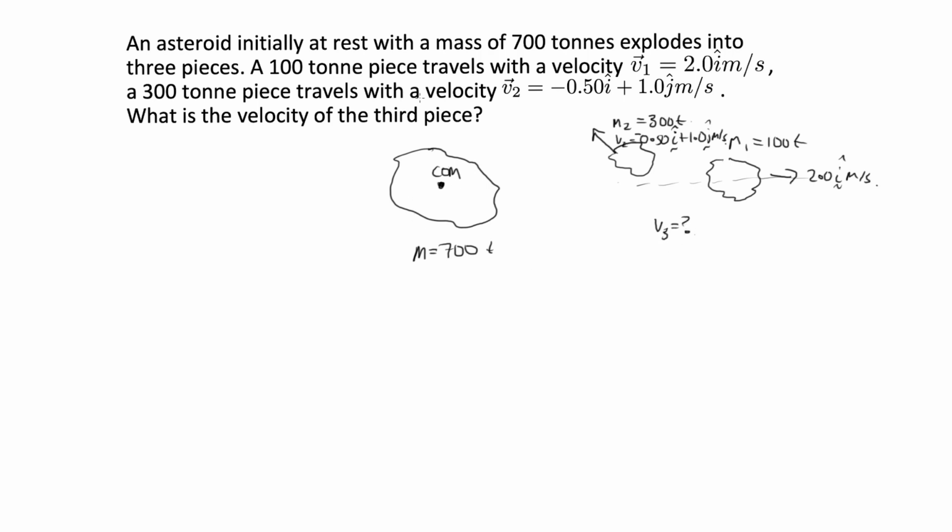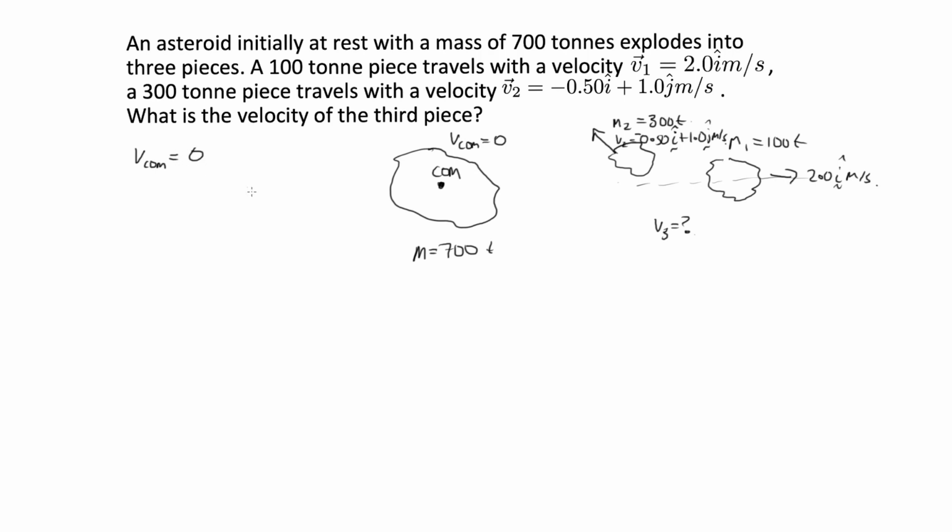Initially it was at rest, so VCOM initially is equal to 0. And this is an internal force, so it explodes from something internal, so the VCOM final remains at 0.